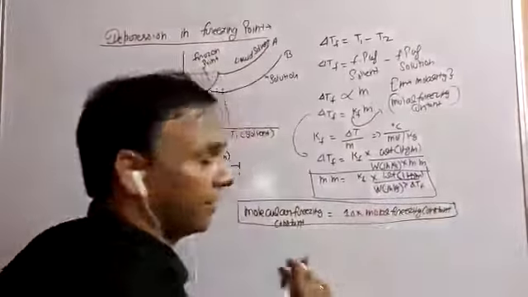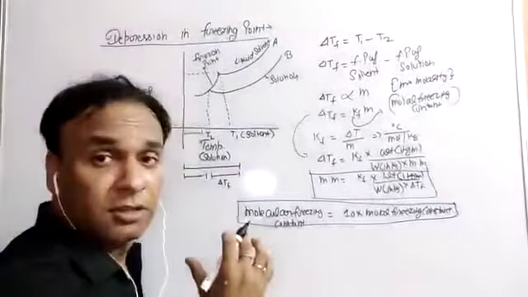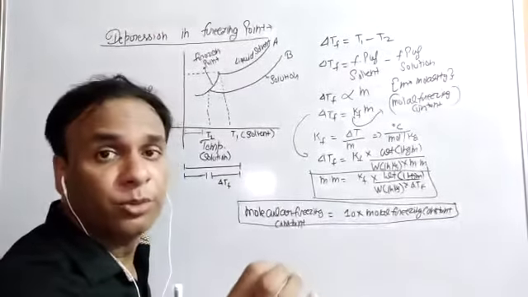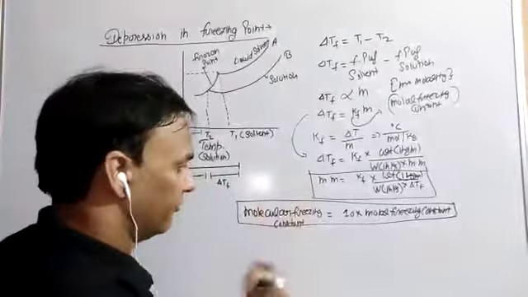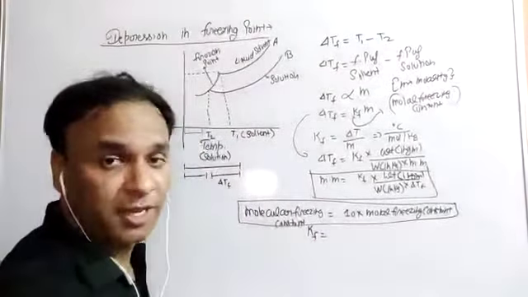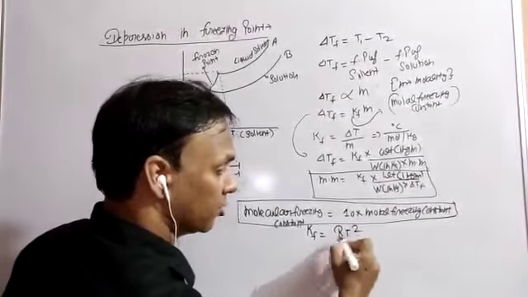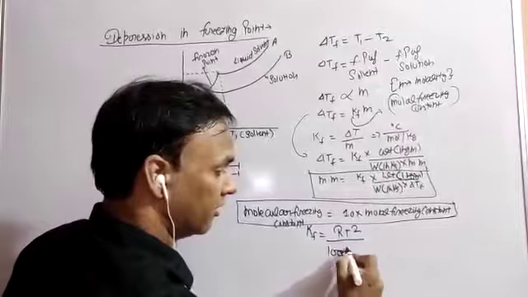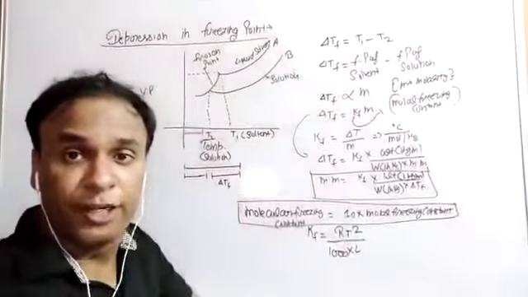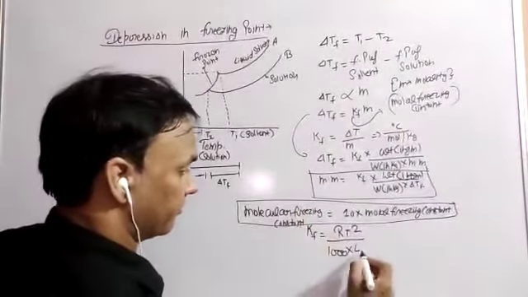Got it? Here the value of Kb can be calculated by RT square upon 1000 into LV. Kf, when we talk about the cryoscopic constant, can be calculated by a similar expression. Kb is equal to RT square upon 1000 into L, where L means latent heat of vaporization.